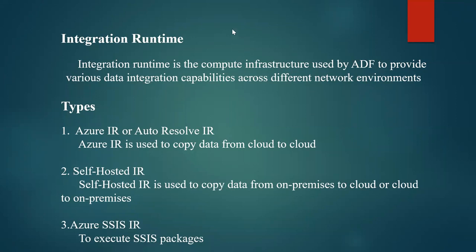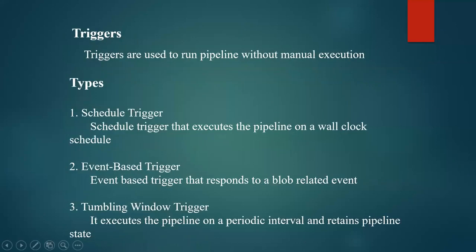Are you clear what kind of integration runtimes we have? What are those? Is this clear to everyone? Any doubts? Okay, so if it is clear, let's move to the next slide.